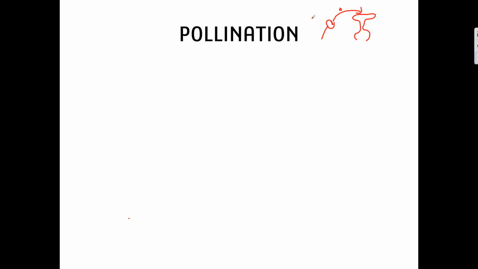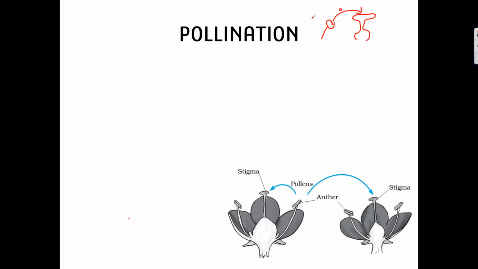Okay, so in plants, pollination is classified into two types. If the pollen grain is transferred from anther to stigma of the same plant, then it is called self-pollination. You can see here within this same flower, there is a transfer of pollen grains.